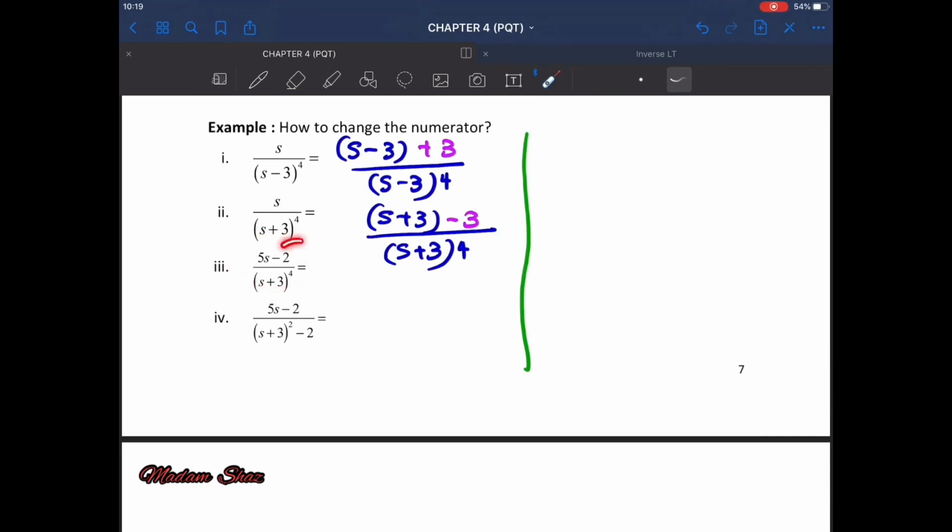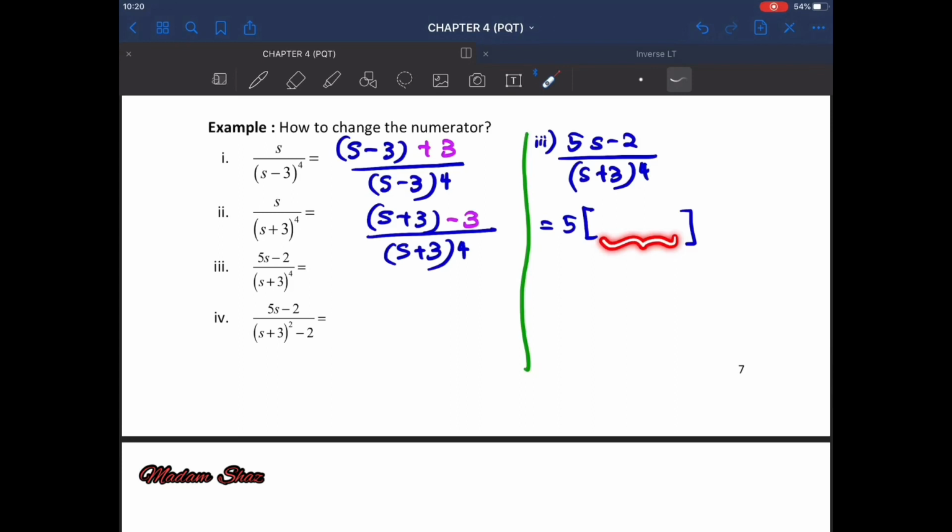So now let us continue for the third example. We have 5s minus 2 at the upper side. At the bottom side, we have (s plus 3) with the power of 4. So now we want to change this s to make it become the same thing as the denominator. 5 multiplied with s. So the s will become 5, make it in the square bracket.